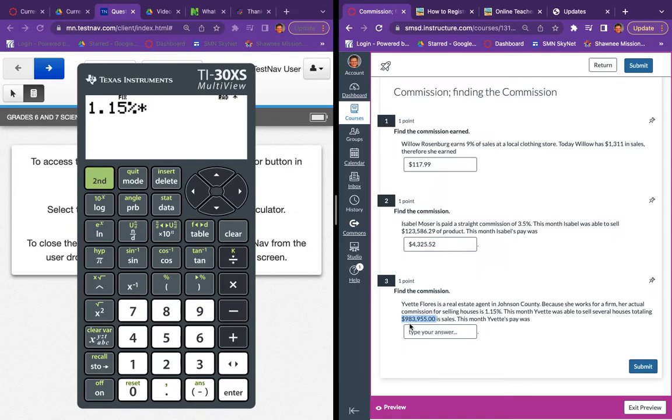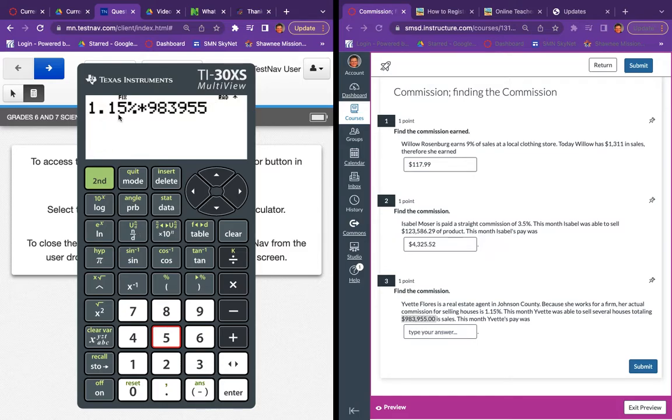But if we take all of her sales all together for this month, she sold $983,955. So if that was one house, then this is what she would be paid for selling that one house. If this is 4 houses, then for selling those 4 houses, this is what she would be paid.